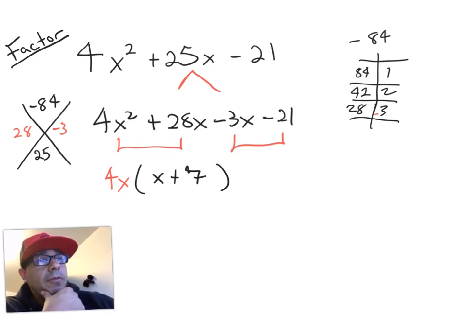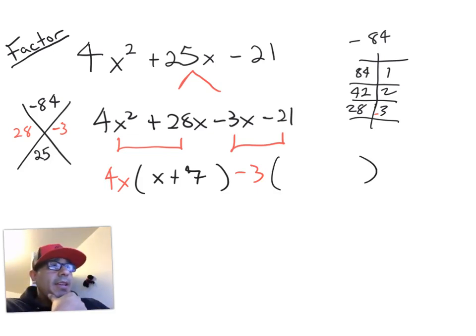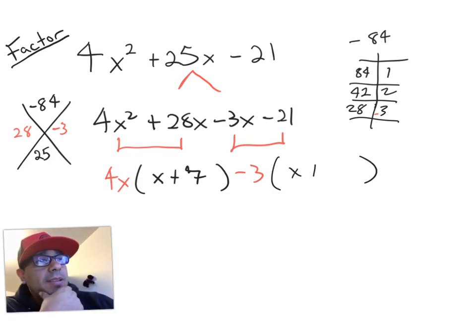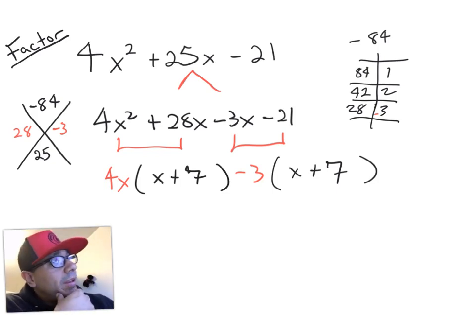Negative 3. So we'll factor out a negative 3. And we're left with the x plus 7 as well. And again, to check yourself, all we do is multiply by negative 3, and we get the original up here. We multiply by that 4x, we get the original up here. Well, what do you know?